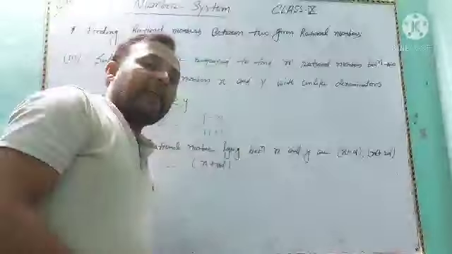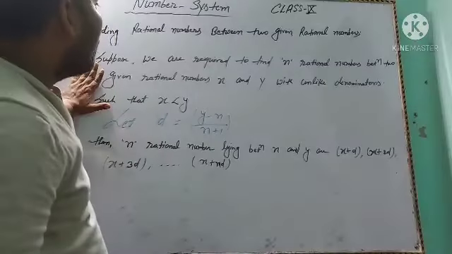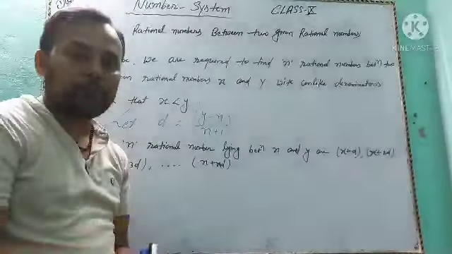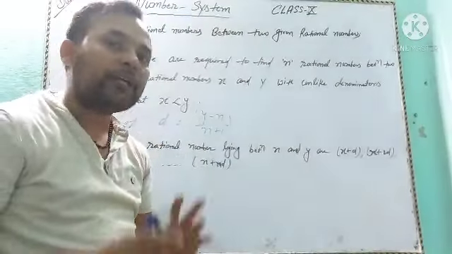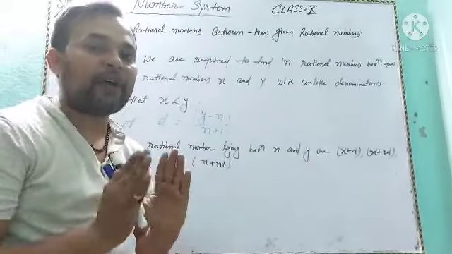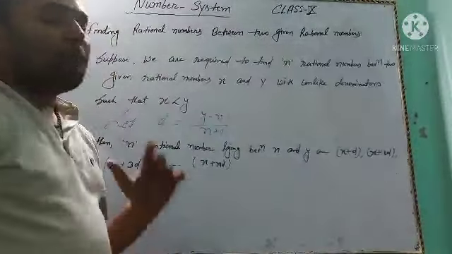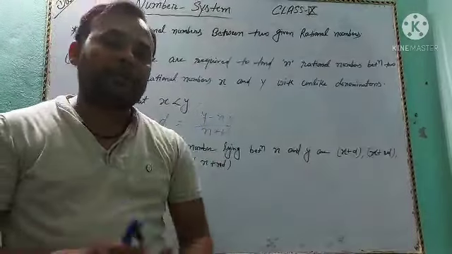Okay, next students, suppose we are required to find n rational numbers between the two given rational numbers x and y with unlike denominators.